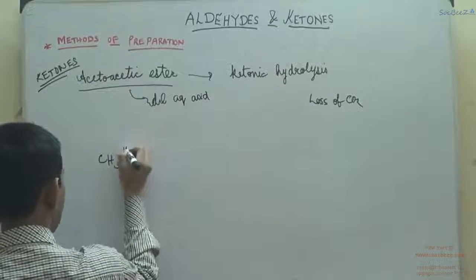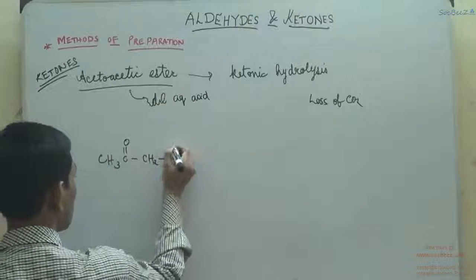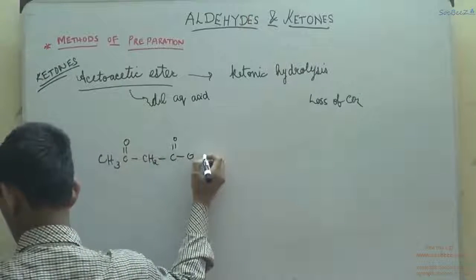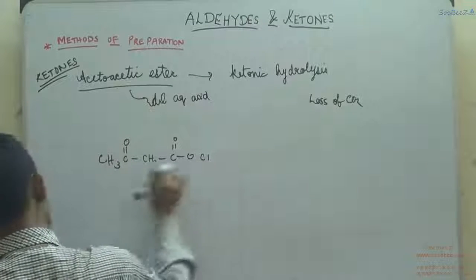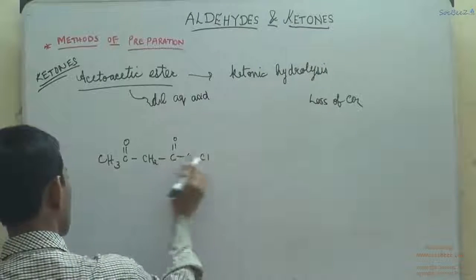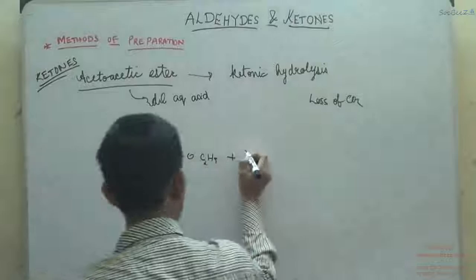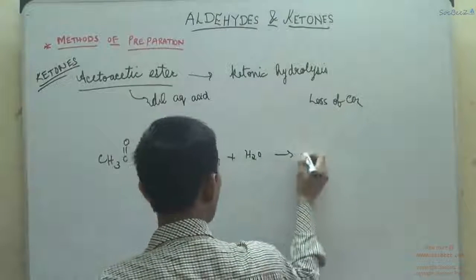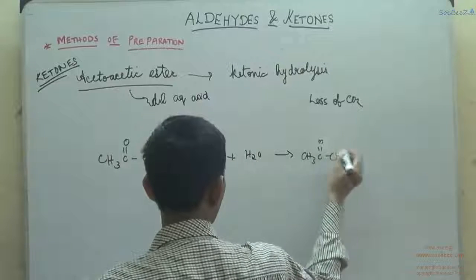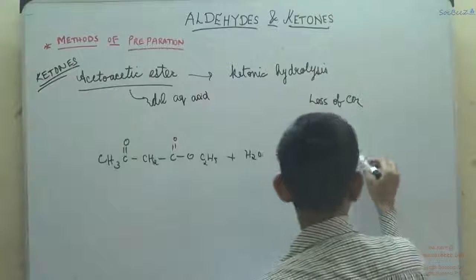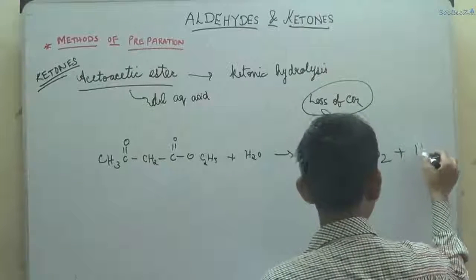This is acetoacetic ester, treated with water, you will get acetone, the most commonly used ketone, plus carbon dioxide, because this is characterized by loss of carbon dioxide, plus what will you get?